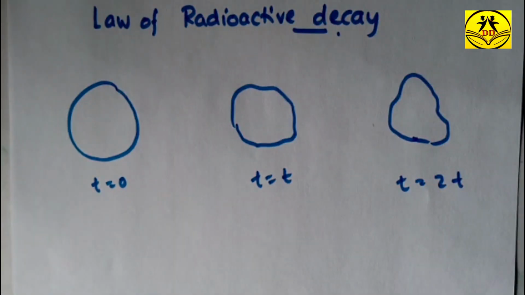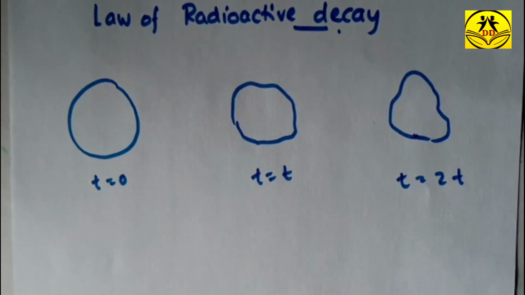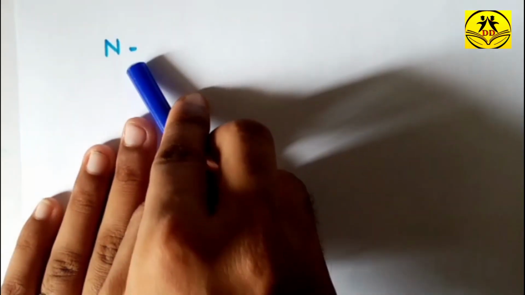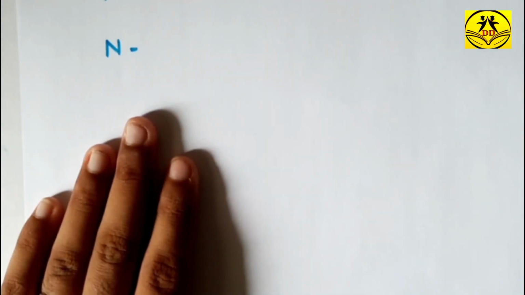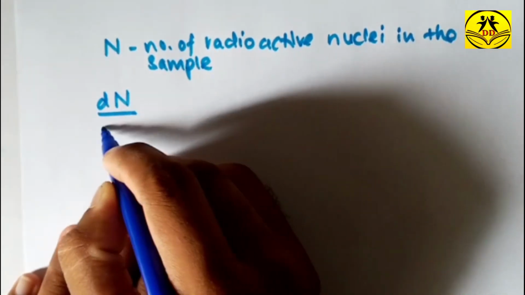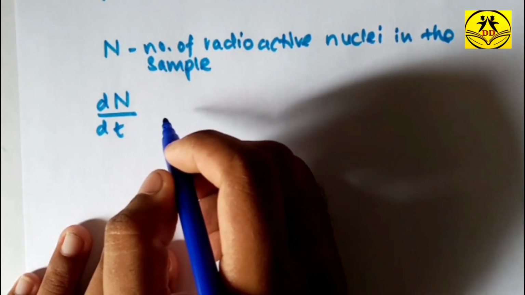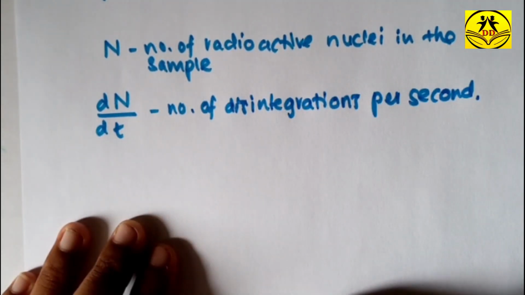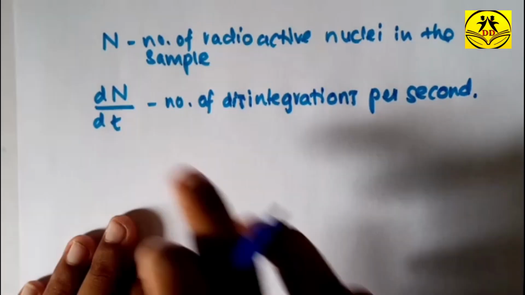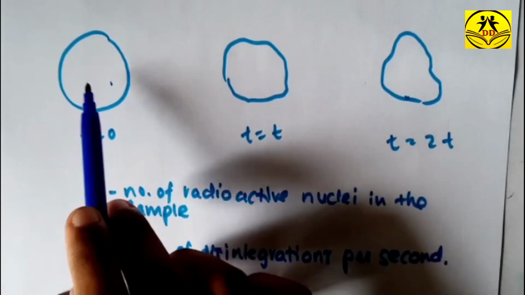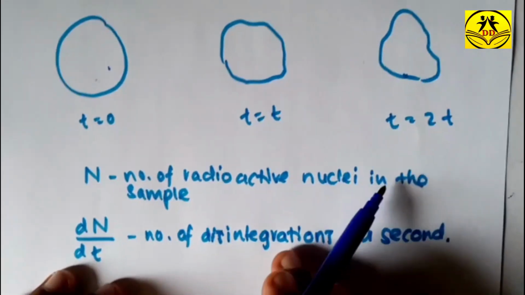So there is an equation. So there is a law for radioactive decay. It is said that if N is the current number of radioactive nuclei in the sample, and if delta N over delta t is the number of disintegrations per second, it is found that the number of disintegrations per second is directly proportional to the number of nuclei initially present in the sample.